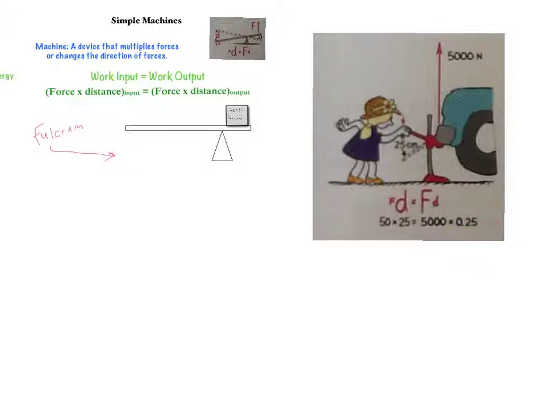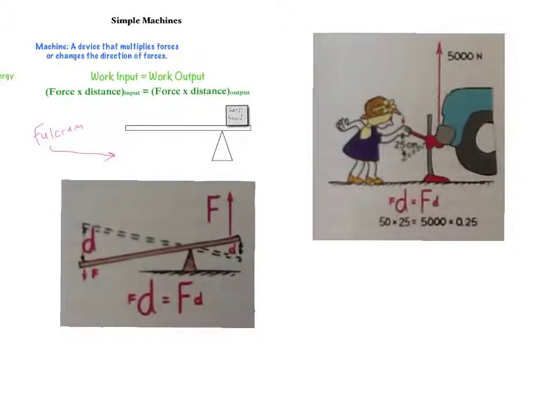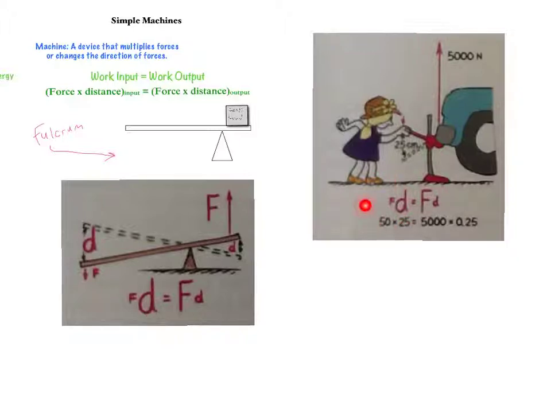However, the total amount of work that she does on the lever is equal to the amount of work that's done on the car. And all of this is completely in line with conservation of energy, right? Because work is nothing more than just a change in energy. So the amount of energy that we put in is equal to the amount of energy we get out.